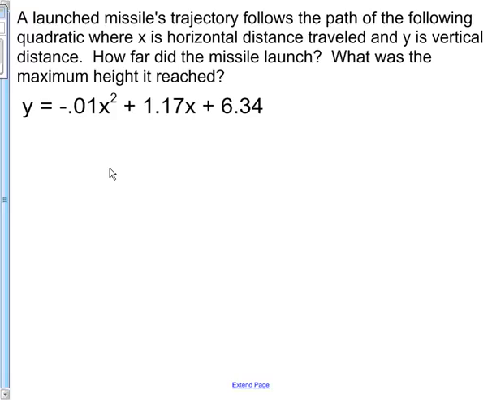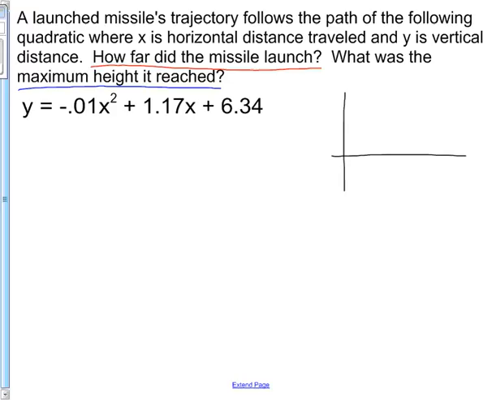So two things we want to know. How far did it launch, and what was the maximum height? So for how far it launched, all right, let's get a little visual here, because if we visualize it, then we may have a better shot of knowing what exactly mathematically we're looking for.